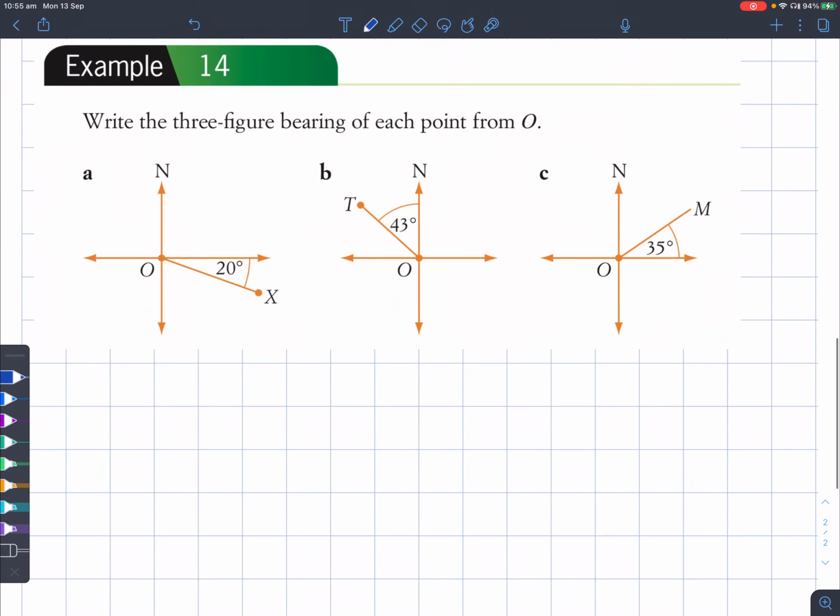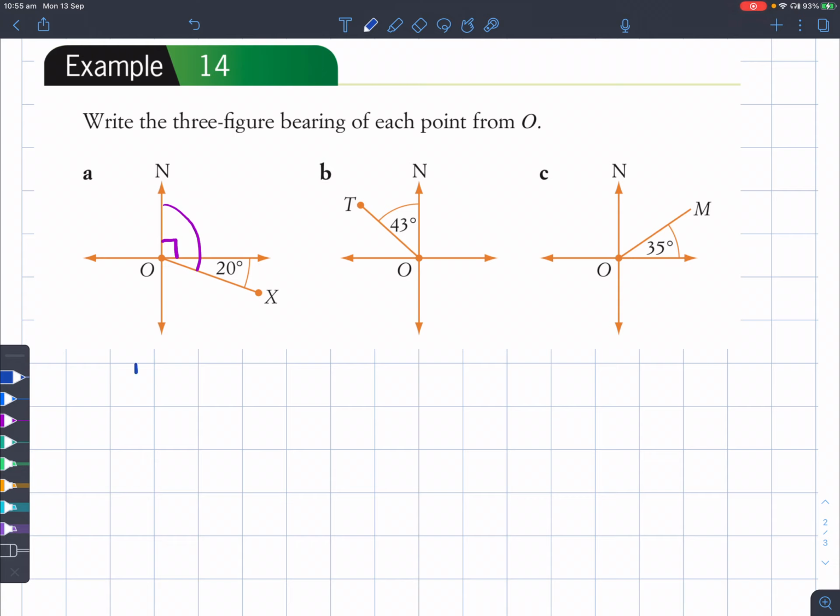Example 14: write the three-figure bearing of each point from O. O is the starting point. From O, remember, we have to start with the northerly direction of this compass bearing and find this angle from north towards the line that points towards X. We know this is already 90 degrees, so 90 plus another 20 degrees gives you 110 degrees.